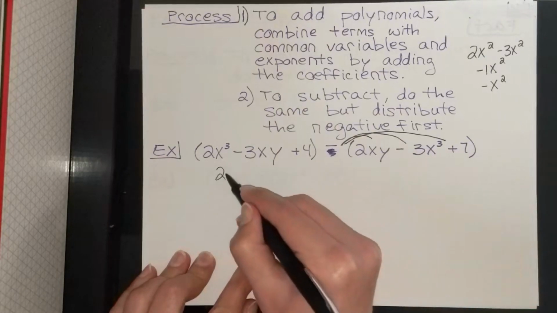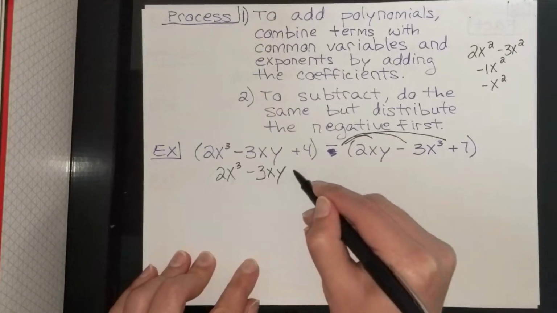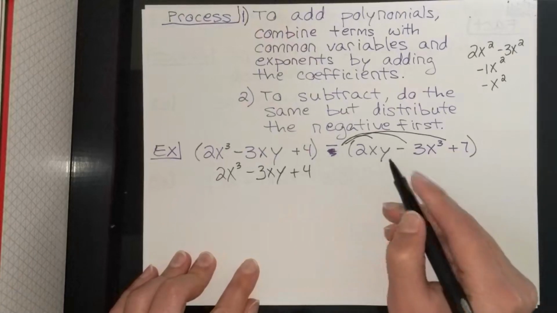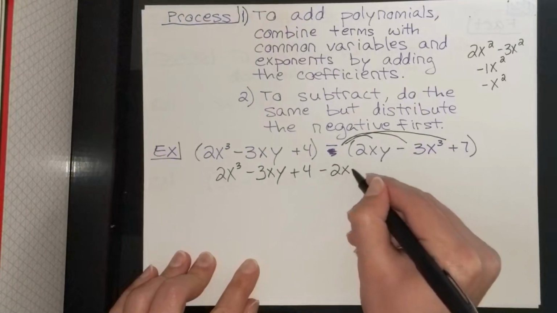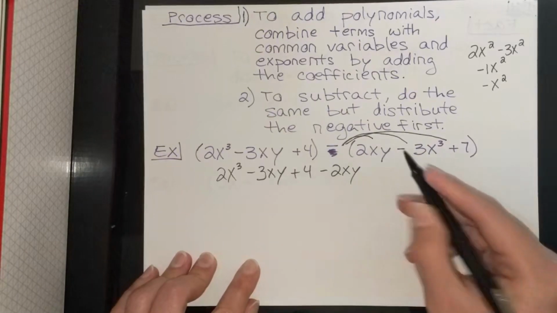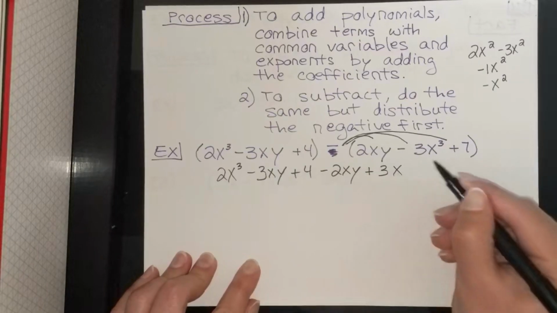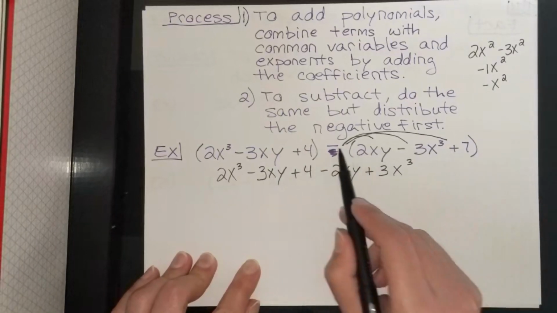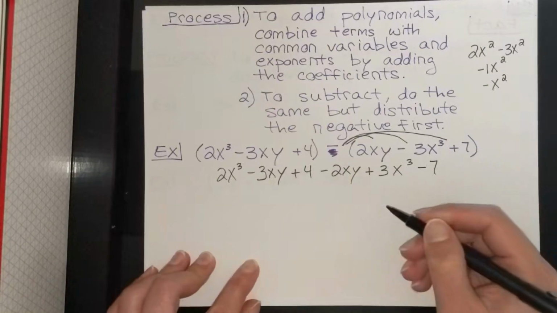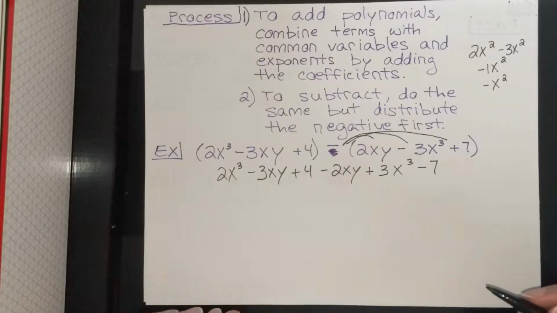So we end up getting 2x cubed minus 3xy plus 4 minus 2xy plus, because we have a negative times a negative, we switch the sign, plus 3x cubed, and then negative times positive 7 gives us minus 7, and from here we can begin combining our like terms.